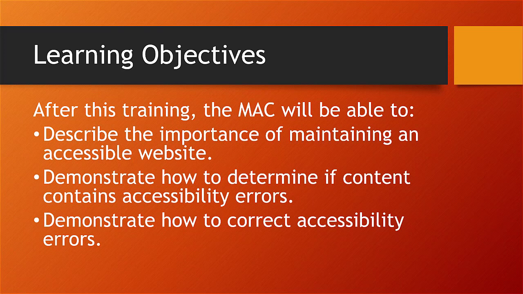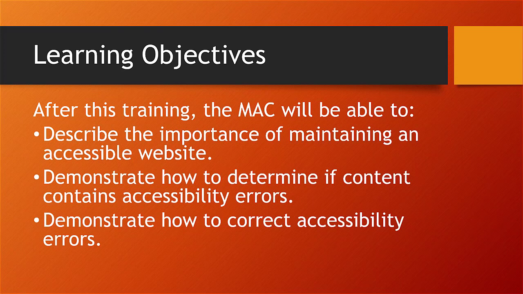The first section is about the importance of maintaining an accessible website and consists of a Beyond video briefly explaining the concepts involved. The learning in this section is evaluated at the end by means of the composition of a draft email to a dean explaining why these accessibility steps are important.